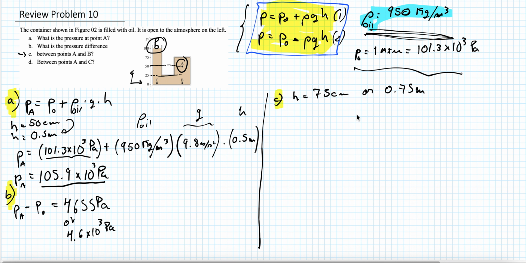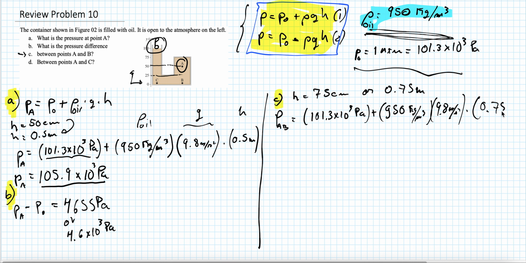So we just need to plug this number into the same formula. The pressure between A and B will be 101.3 times 10 to the 3 pascal, plus the density of the oil, 950 kilograms per cubic meter, times 9.8 meters per second squared, times 0.75.